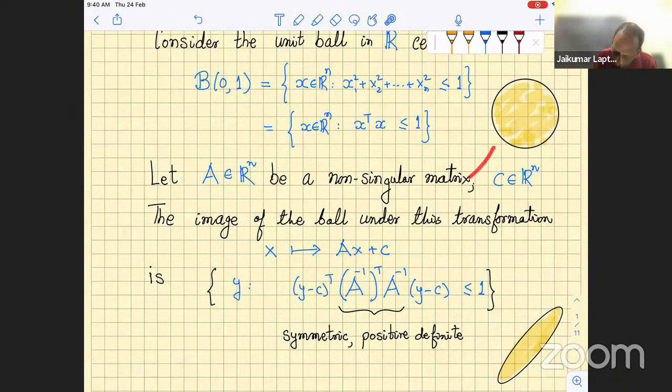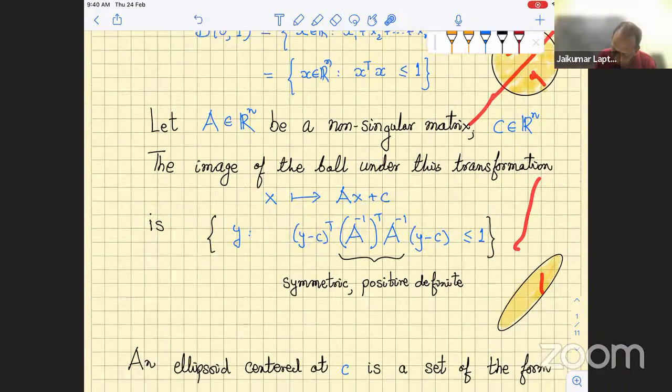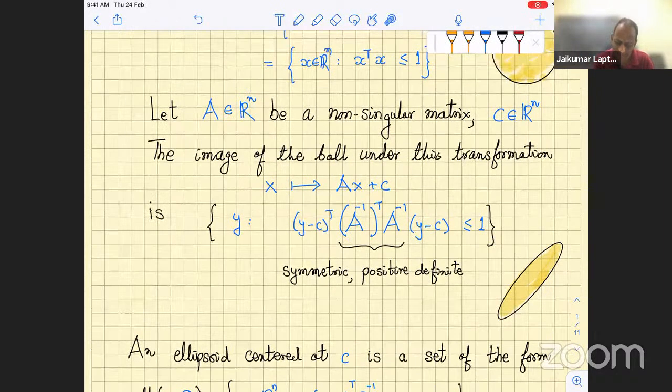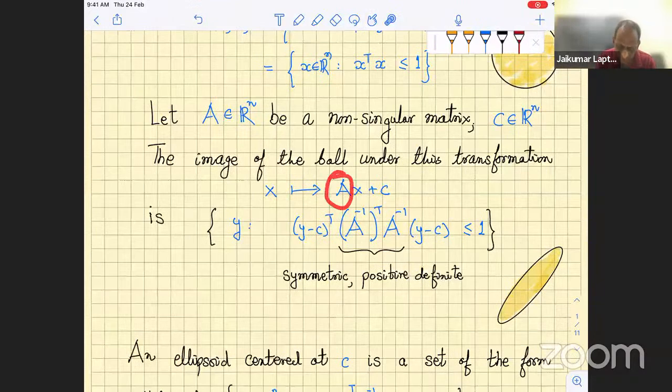In one of them, we decided to stretch it. In the other, we decided to shrink it, and we got this. So any ellipse is obtained from a ball by choosing some directions and either stretching or shrinking there. And the stretch and the shrink are actually determined by this linear transformation.